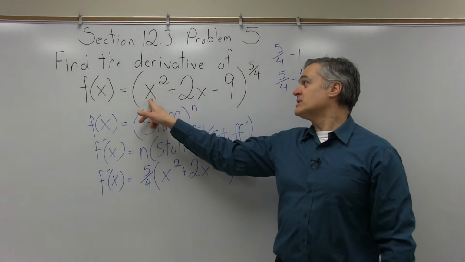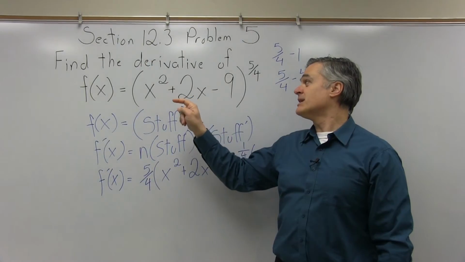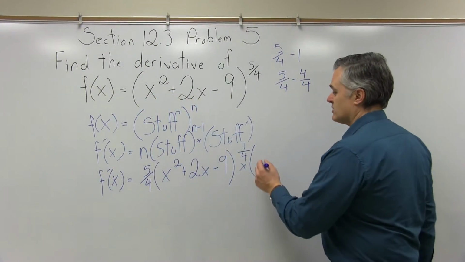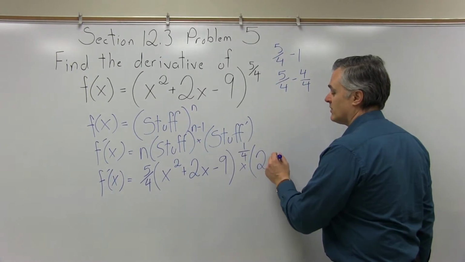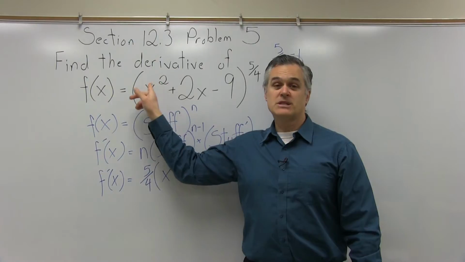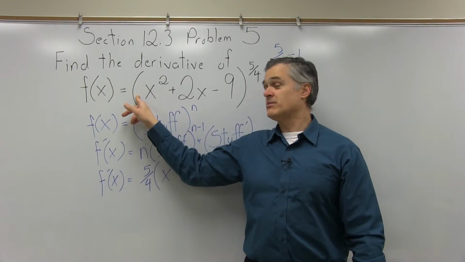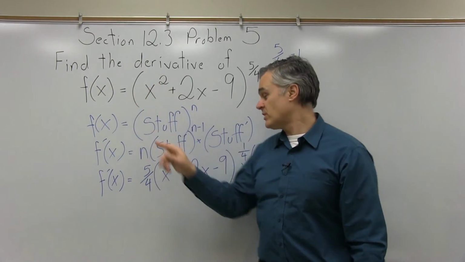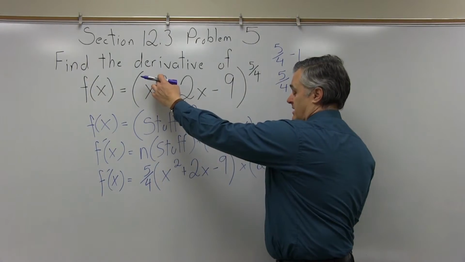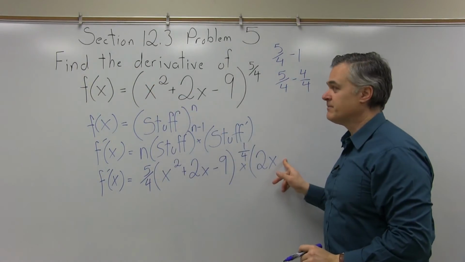So the stuff was x squared plus 2x minus 9. To do stuff prime, first look at the x squared, the derivative of x squared will be 2x to the first. And again, what I'm doing is the exponent of 2 comes down times the number in front, which isn't really written but understood to be 1. 2 times 1, there's my 2. X to 1 less power, the second power drops down to a first power.